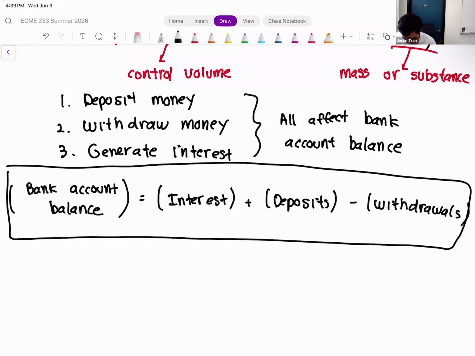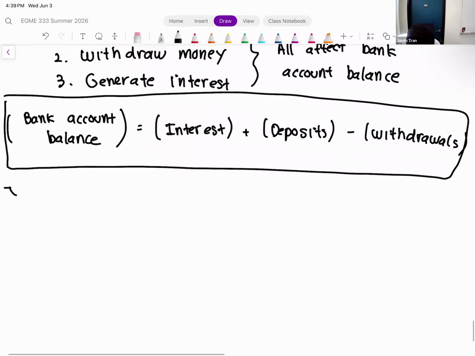All right. So coming back to fluids, let's now consider a control volume around an arbitrary section of fluid flow.